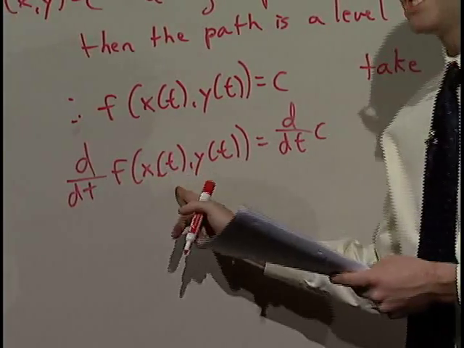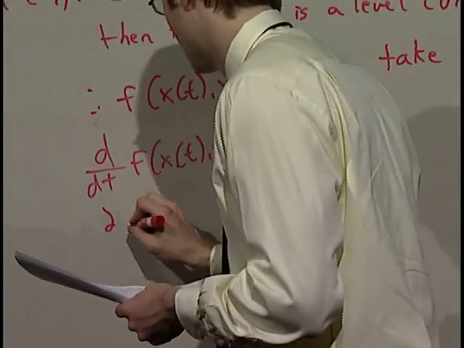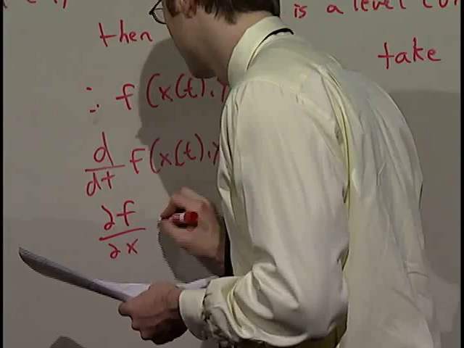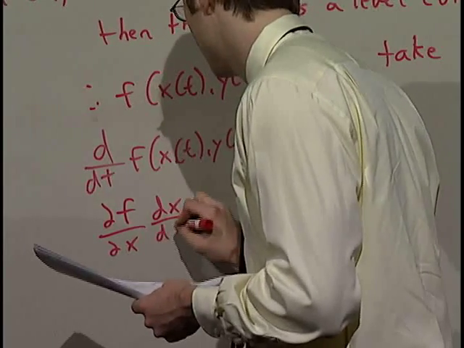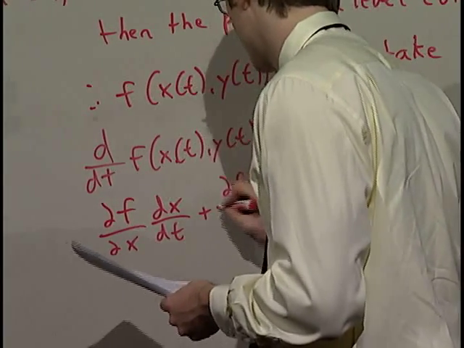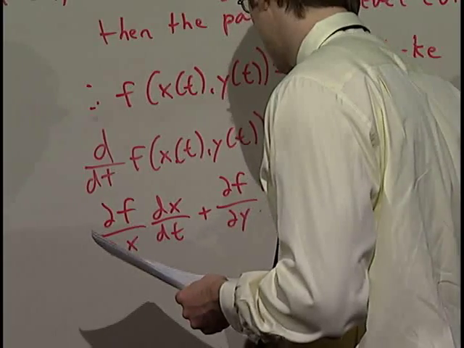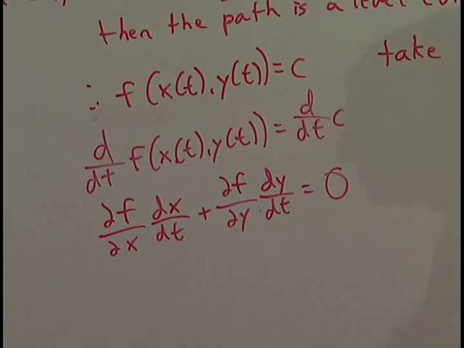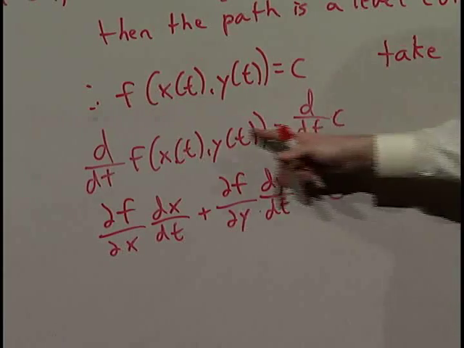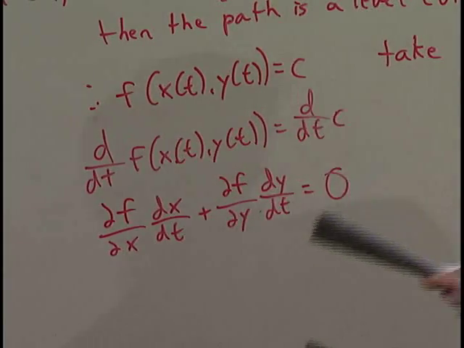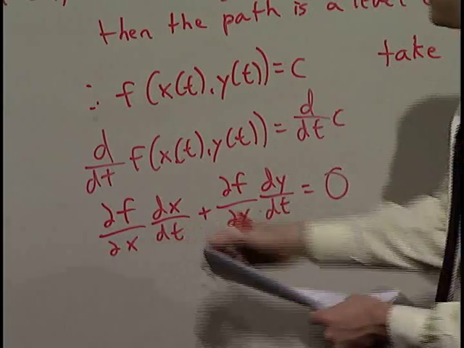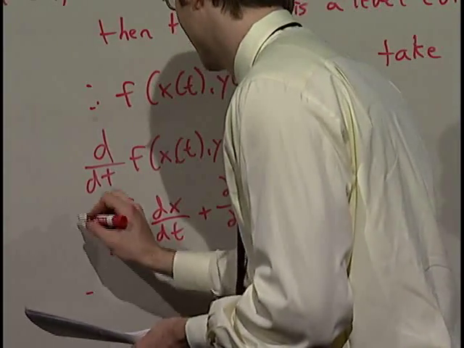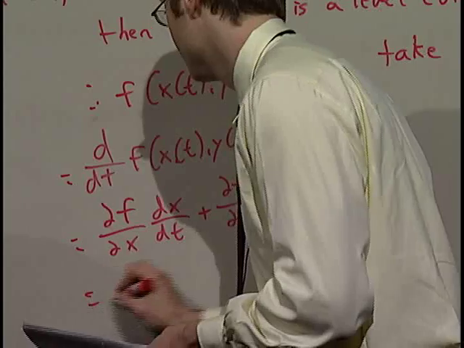So over here we use the chain rule: partial f partial x, dx/dt, plus partial f partial y, dy/dt, all equals 0, right? This is just the chain rule on this component over here.